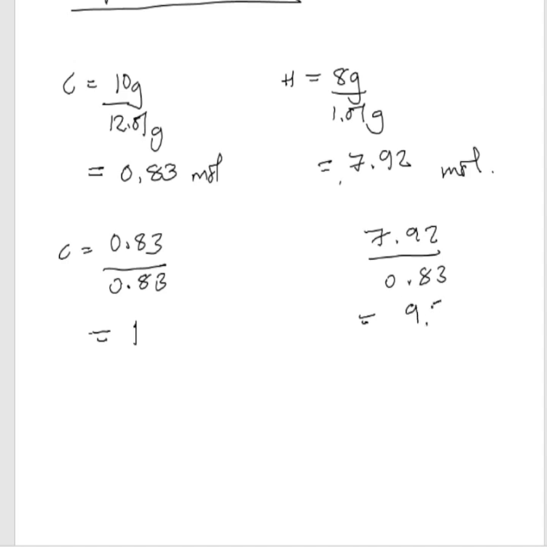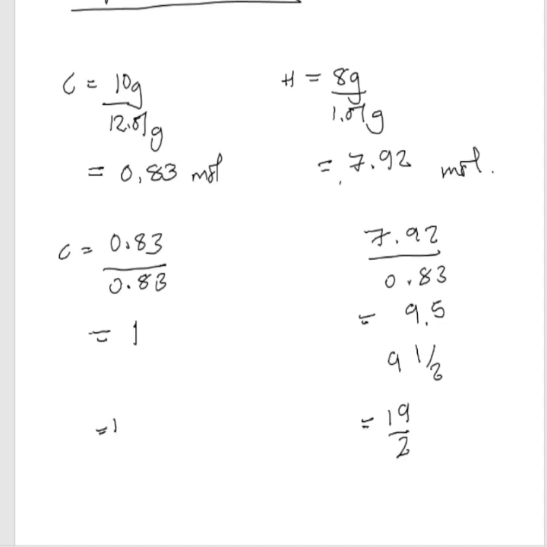So we get a fraction here, 9.5. 9.5 is basically 9 times 2 plus 1, which is 19 over 2.